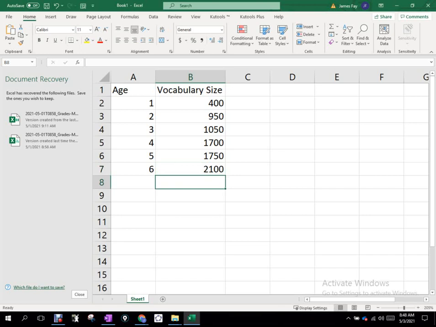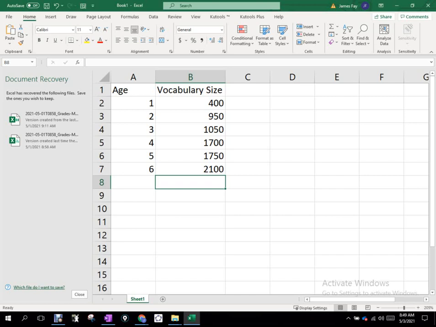Okay. So the argument is, can we see if there is a linear correlation between how old a child is and how large their vocabulary is? They do this all the time with studies like this with young children whose parents read to them.